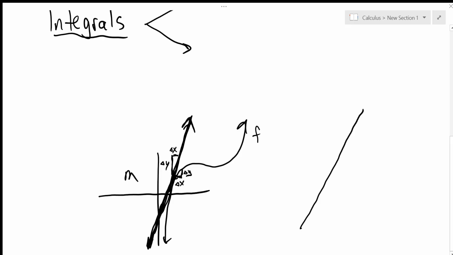And the tangent line then would line up exactly where that straight line portion of the curve is, and the change in y over the small change in x would be the same as the slope of the tangent line.